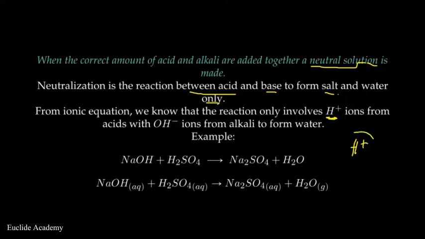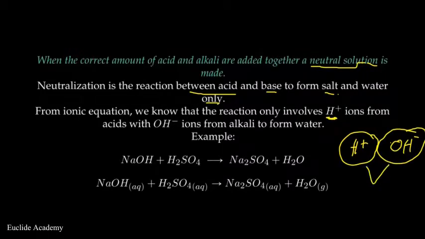So in acid we are going to find these hydrogen ions, and in bases or an alkali we have hydroxide ions. These two ions react to give us water. They combine to give us water.